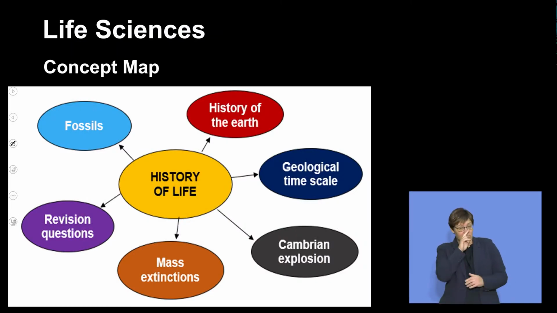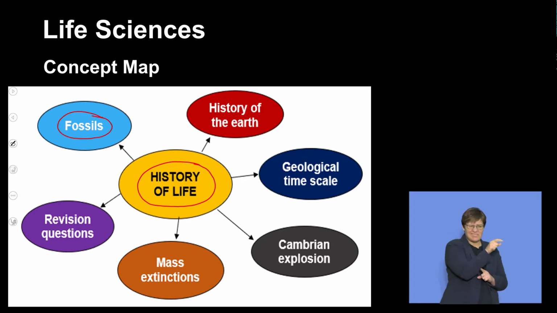If we have a look at this concept map, which covers the section called the History of Life. In previous lessons, we looked at fossils, what they are, how they occur. Then we looked at the history of the Earth and how things changed over time.